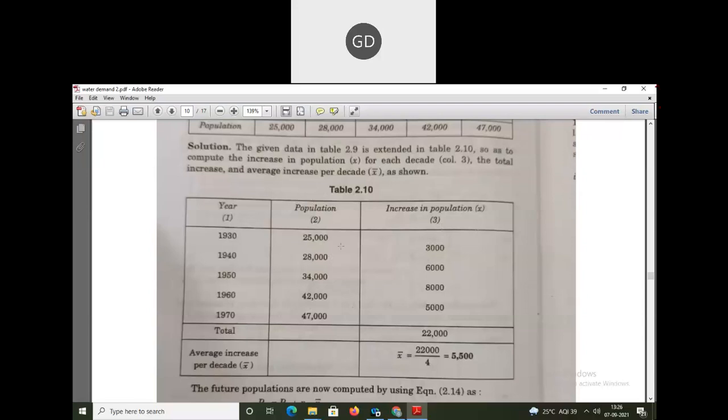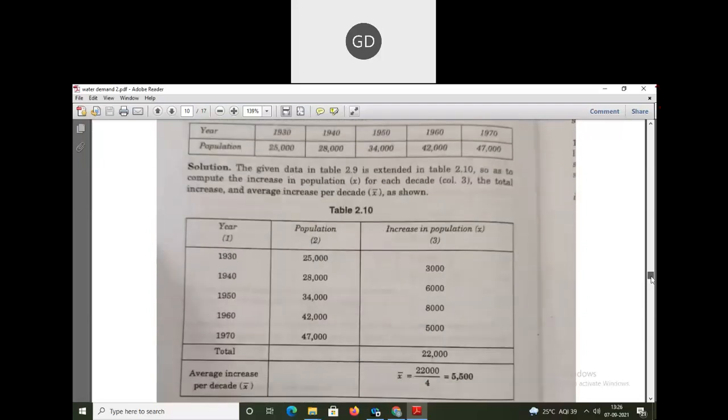Okay, so write down the first column: 1930, 1940, then up to 1970, as given in the question. So 1930, 1940, 50, 60, 70. In 1930, what population do we have?